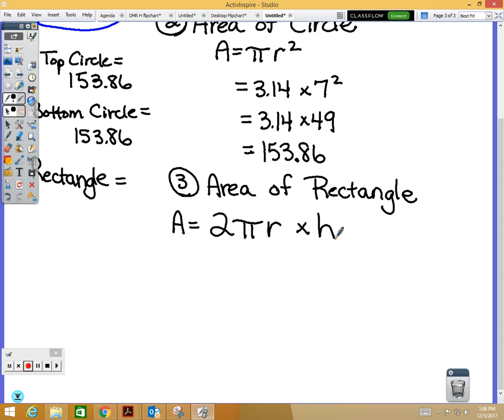Okay, so that's the formula that we're going to use to find the area of the rectangle. And we know what r is, we know what h is, we know what pi is. So it's going to be 2 times pi, 3.14, times the radius, which is 7, and times the height, which was 21.